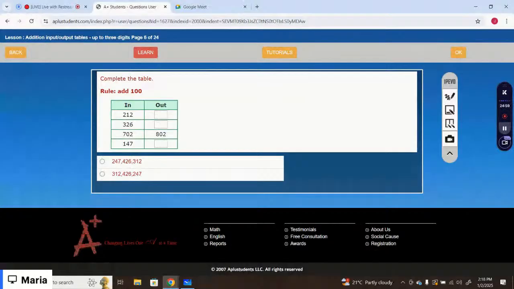Complete the table. The rule is you have to add 100. Option number two is the correct option. Very good. 312, 426, and 247.